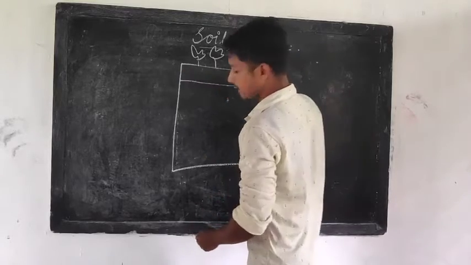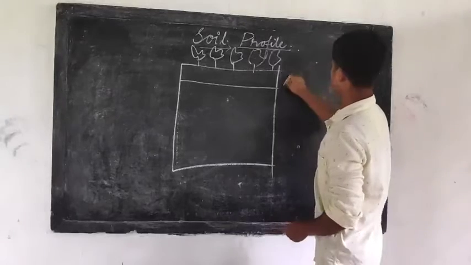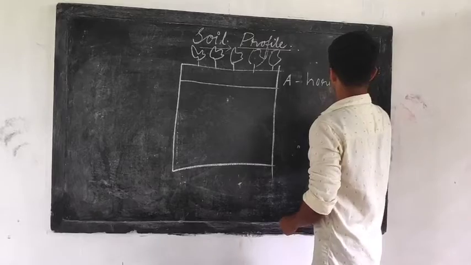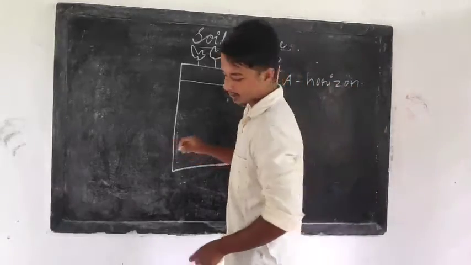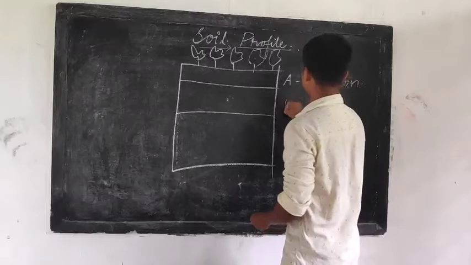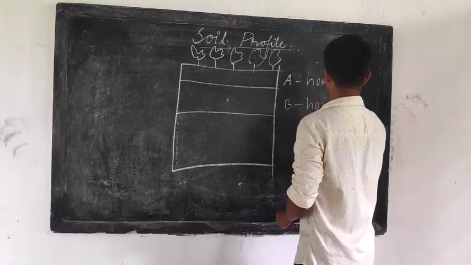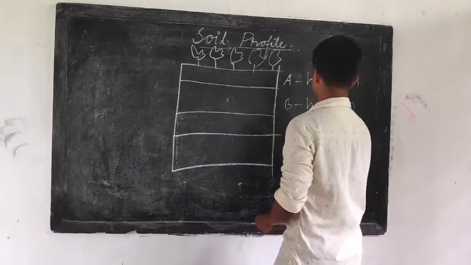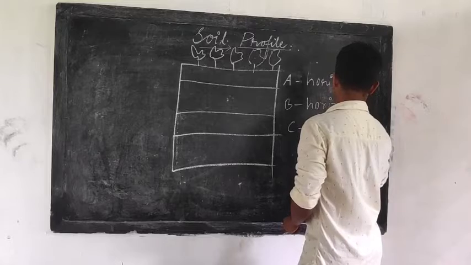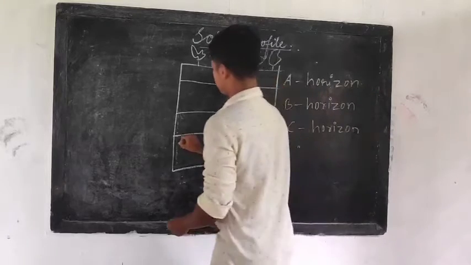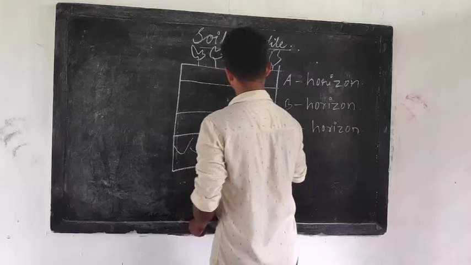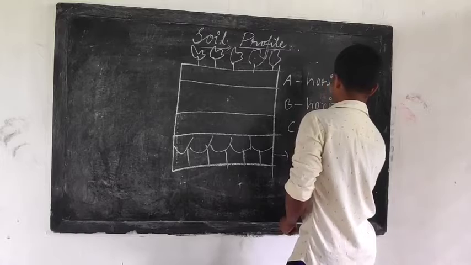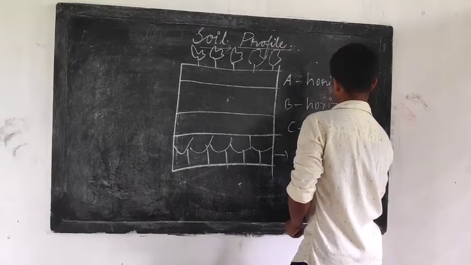The first layer is called your A horizon. Then the second layer is called B horizon. The third layer is called the C horizon. And it is called the bedrock.